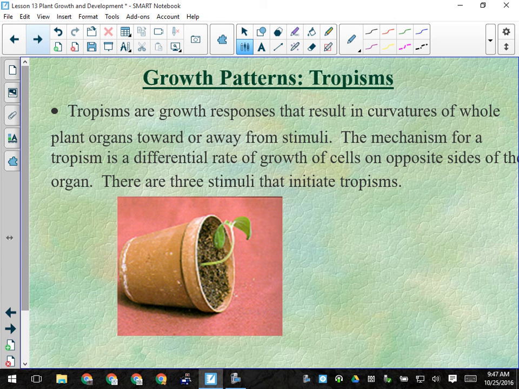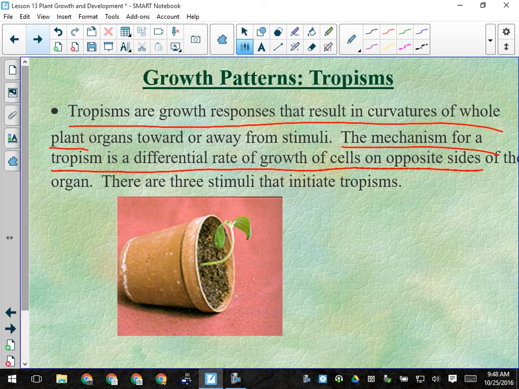All right, tropisms. Tropisms are growth responses that result in curvatures of the whole plant, or of particular organs like a branch. The mechanism for this is a differential rate of growth of cells on opposite sides of the organ.